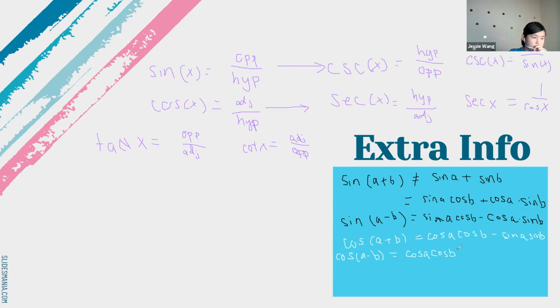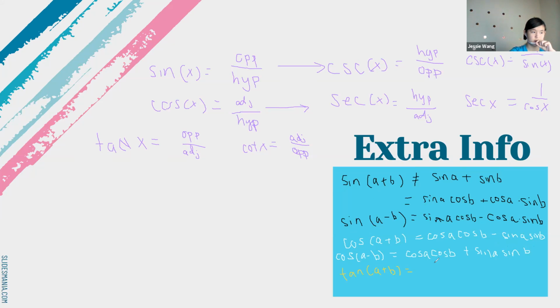So right here, instead of a subtraction sign, this is going to be a plus sign. All right, and lastly, tan. Tan works a little bit differently in this case, but I'll show it to you guys as well. So if we have tan of a plus b, remember tan works weird because tan is equal to sine over cosine.